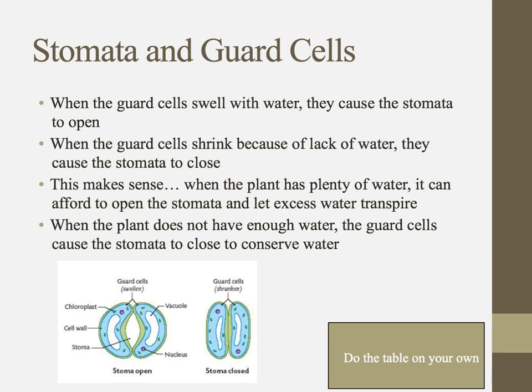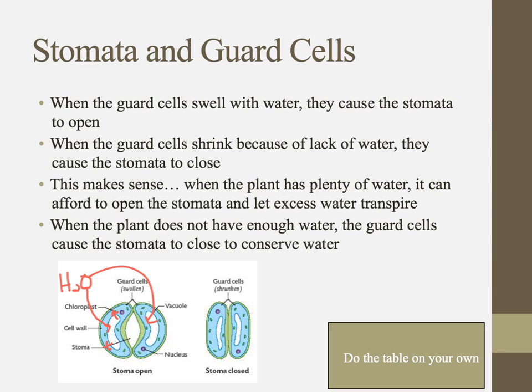Okay, and so here's how that works. When the plant has a lot of water available, water is going to enter the central vacuoles. It's going to cause those central vacuoles to blow up and to exert a lot of pressure, turgor pressure.